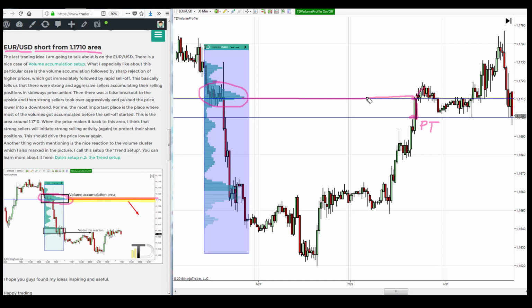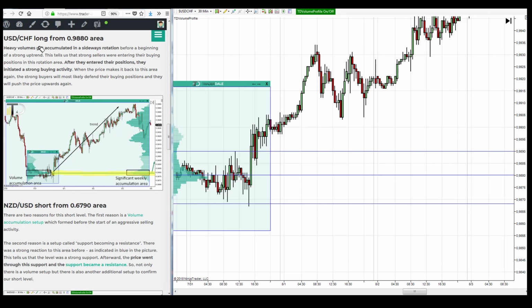And let's have a look at another intraday trade, which was on the US dollar Swiss franc. On the left side on the screen, you can see the prediction for this trade. It was long from 98.80 area. It was based on those heavy volumes accumulated in this rotation before start of strong buying activity. And let's now have a look at this level and how it went.